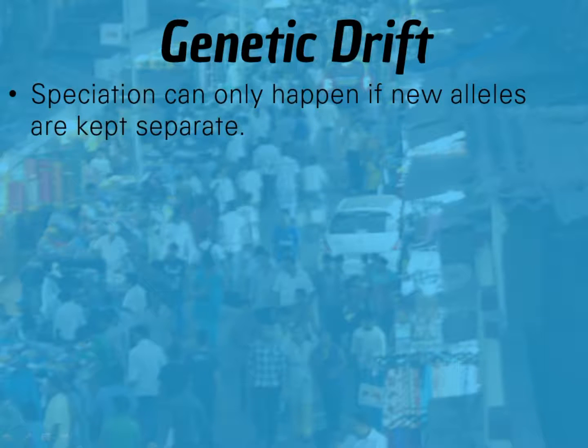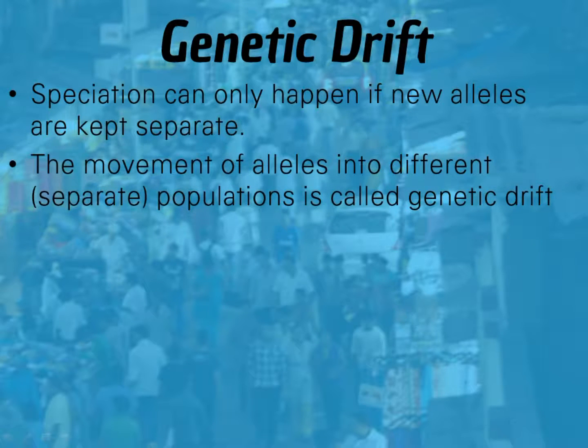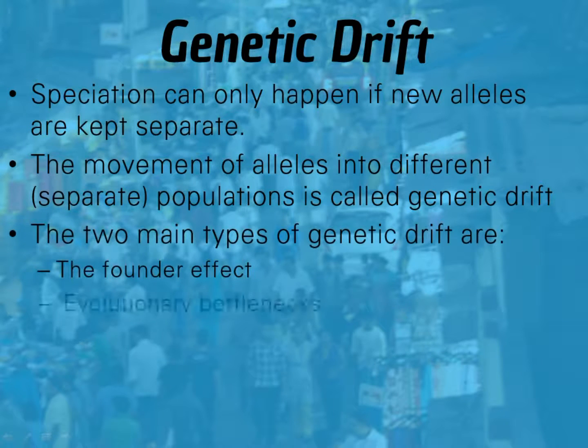So genetic drift, as we said when we talked about speciation, this can only happen if new alleles are kept separate. So the movement of alleles into different populations, or perhaps with humans, the movement of alleles from one ethnic group into another, is called genetic drift.